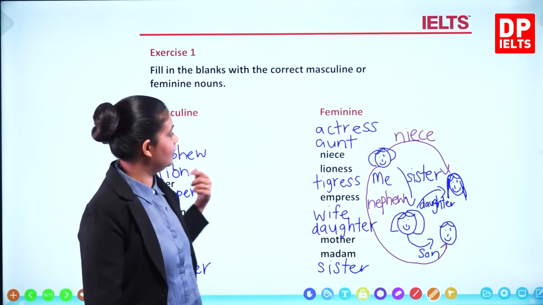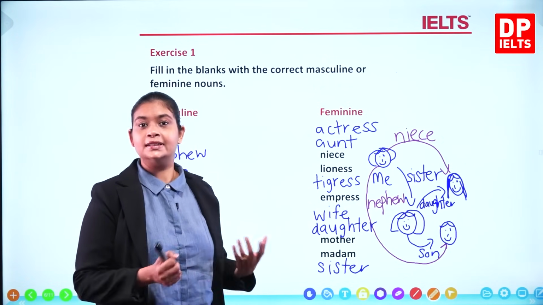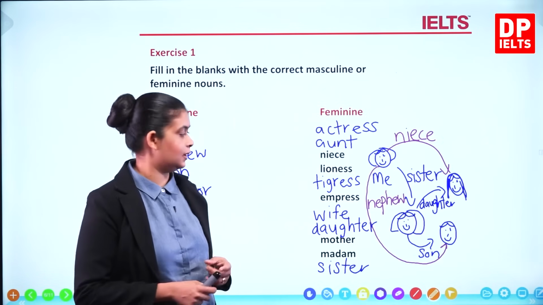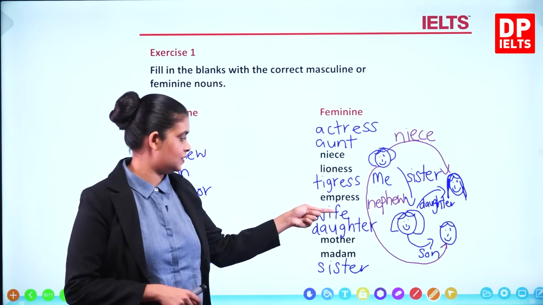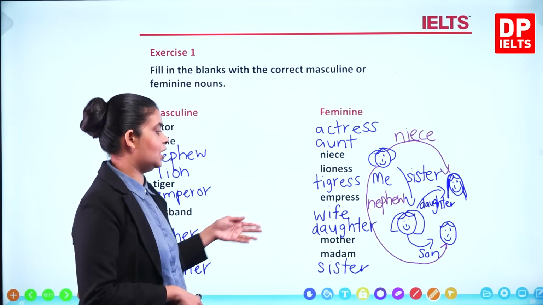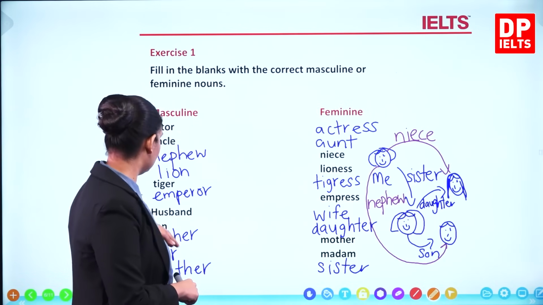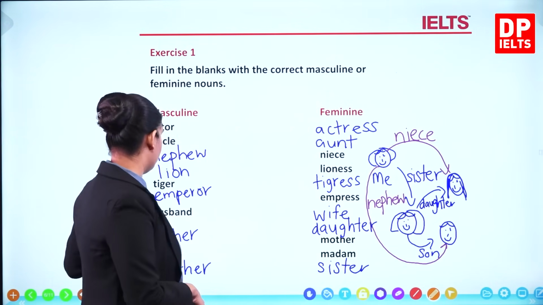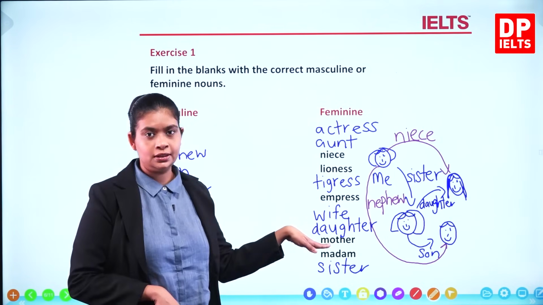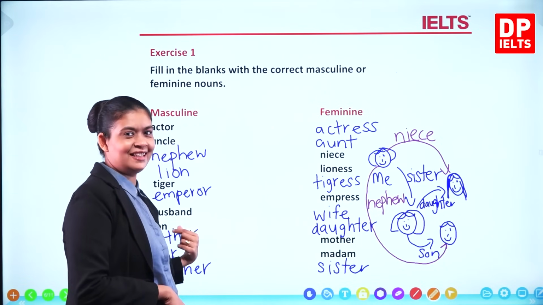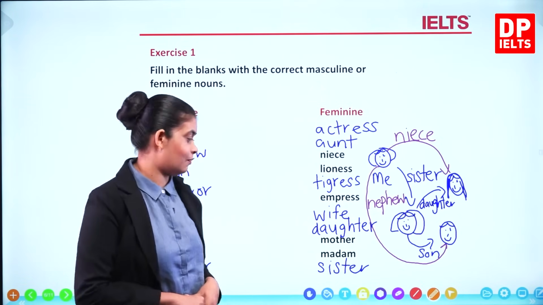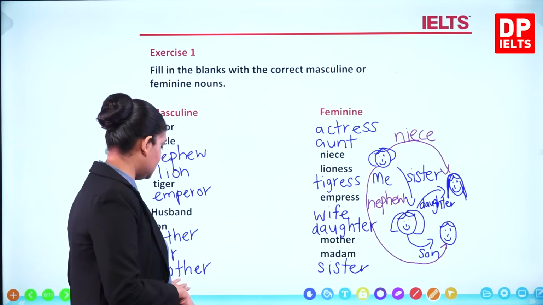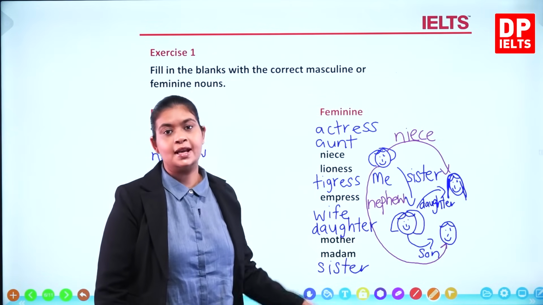Lion, සිංහයා, lioness, සිංහ දේනුව, tiger, කොටියා නැත්නම් ව්‍යාග්‍රයා කියලා කියනවා සිංහලෙන්, tigress, ගැහණු සතා, emperor, empress, husband, ස්වාමි පුරුෂයා, wife, භාර්යාව, son, පුතා, daughter, දුව, father, amma, mother, father is තාත්තා, guys, father is තාත්තා, mother is amma, sir, mahatmaya, madam mahatmiya, brother sahodariya, sister sahodariya.